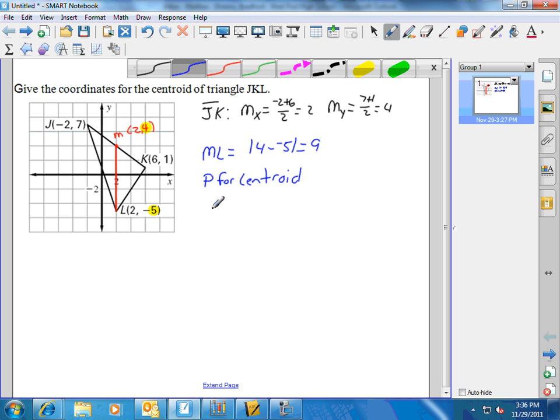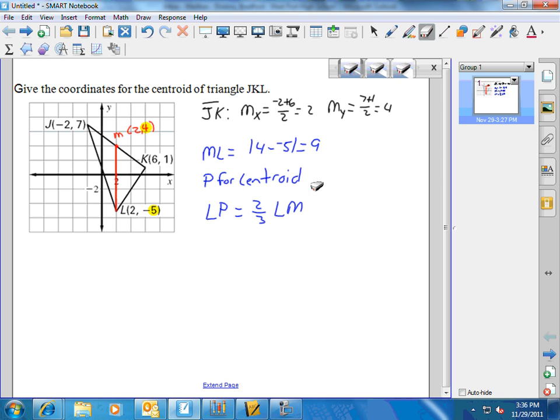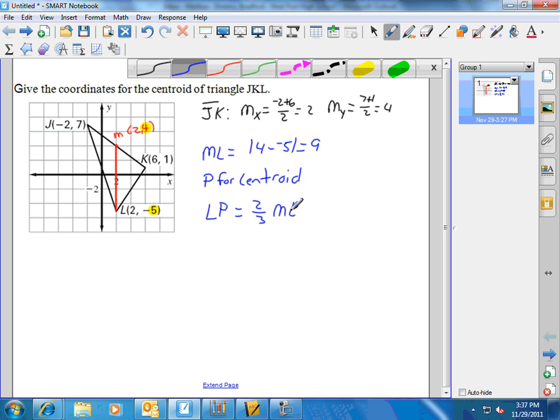So LP, wherever P is here, from L to P, is going to be 2/3 of ML. ML is 9, so I'll substitute 9 for ML, and so LP is equal to 2/3 of 9. So LP is equal to 6.